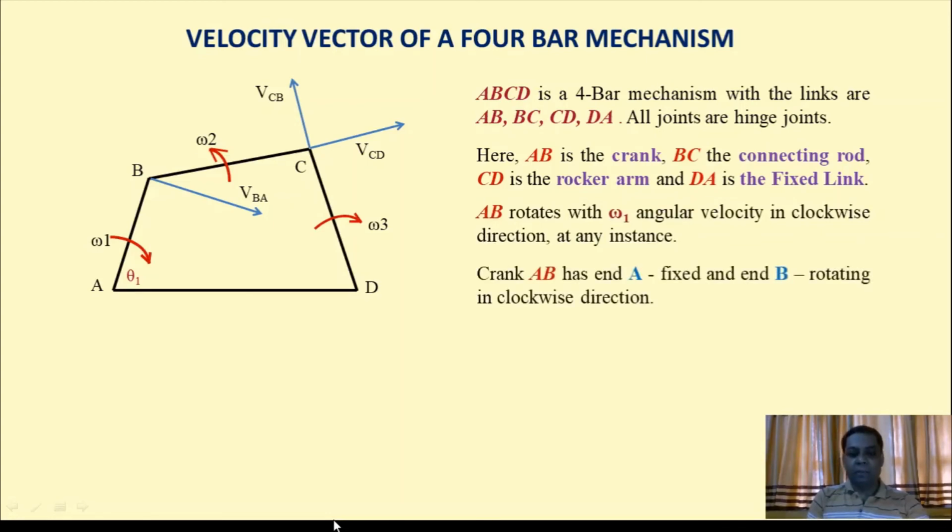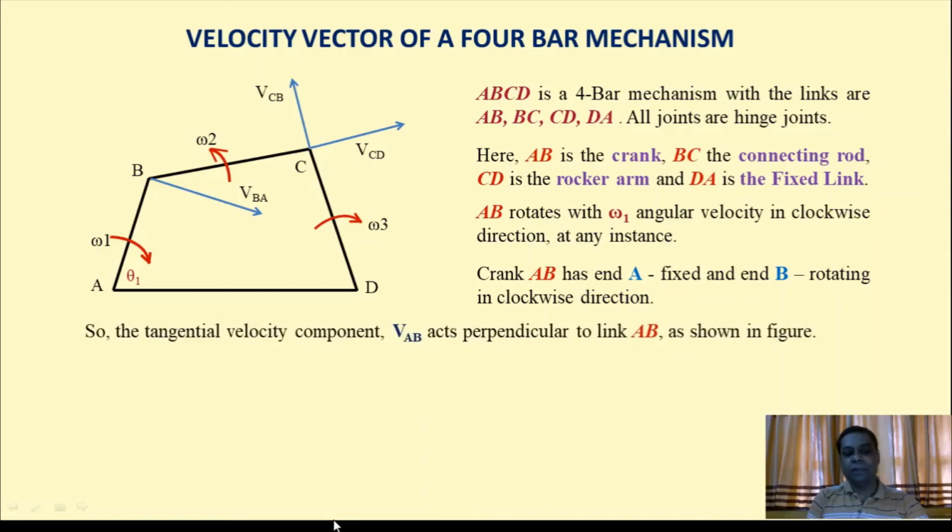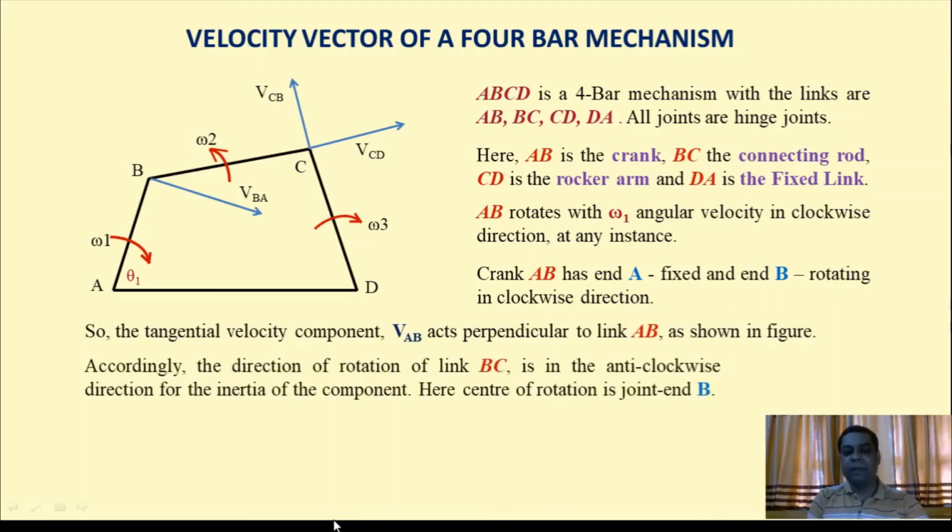Now AB rotates with omega 1 angular velocity, clockwise at any instance. In crank AB, the end A is fixed and B is rotating in the clockwise direction. So the tangential velocity component Vba acts perpendicular to the link AB as shown in the figure. Accordingly, the direction of rotation of link BC is anti-clockwise.